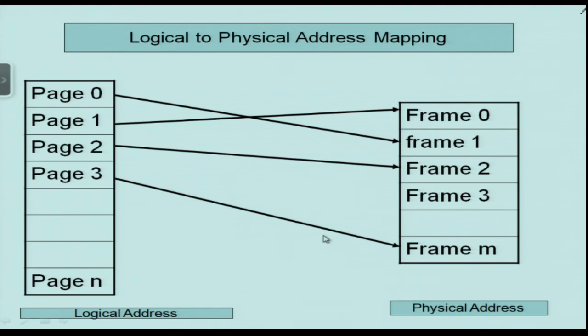For example, a Pentium processor has 32 address lines, which means the total memory which can be interfaced is 2 to the power 32, that is 4 gigabytes.